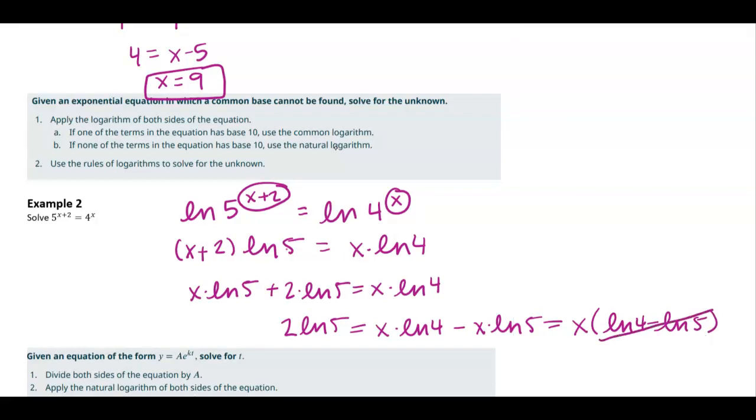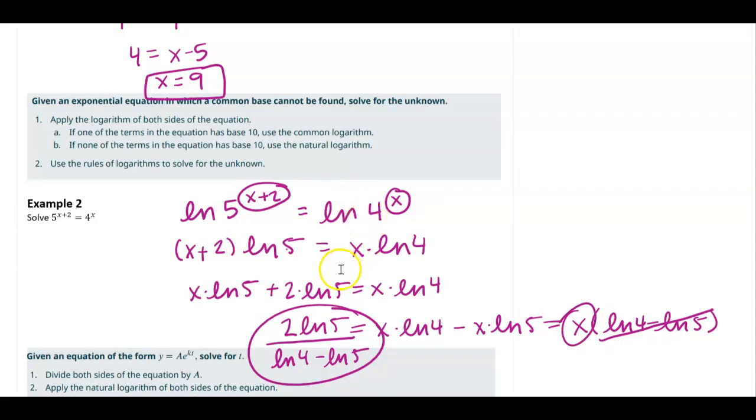I'm going to divide by this term on my other side. And that's going to be my exact number for my solution for x. You could plug that into a calculator if you wanted to find the approximate number, but I would just leave this as far as an exact number is concerned.